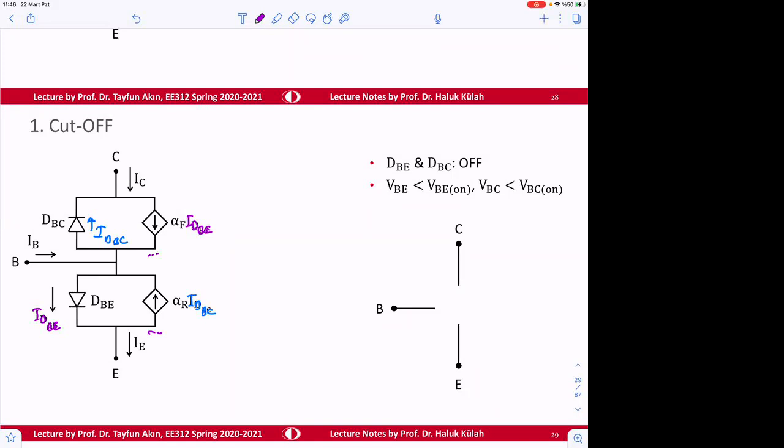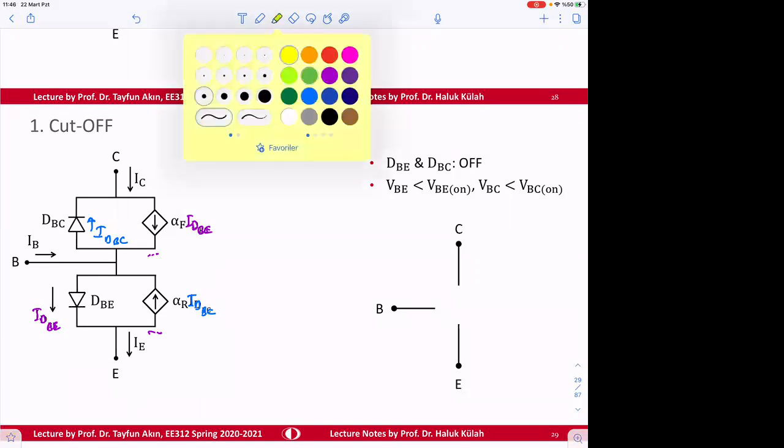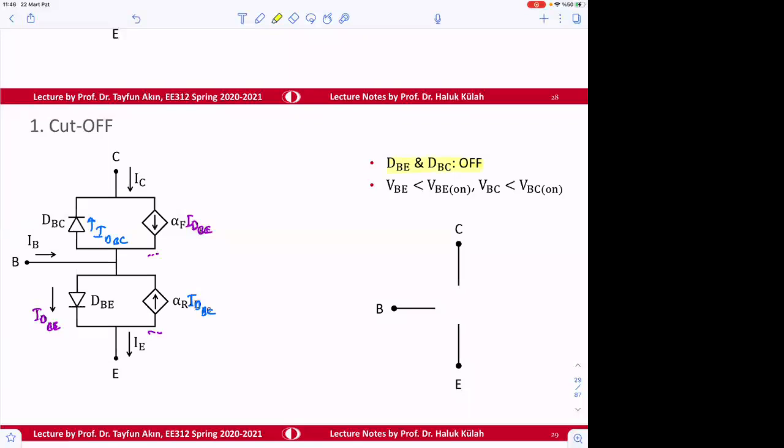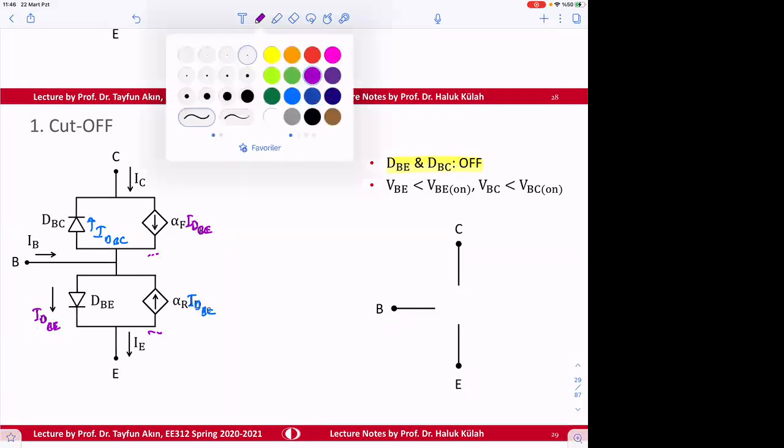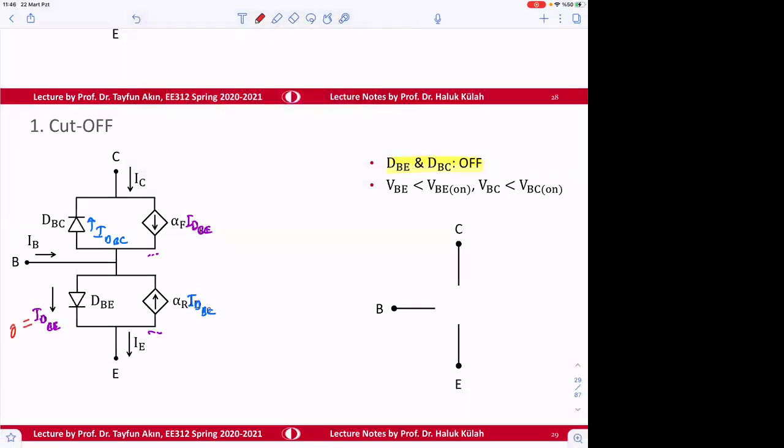So for the first case, a cutoff case, we know that both diodes are off. So for the cutoff case, both are off. And this diode is off, so the current here is 0. Current here is going to be, let's say, 0.